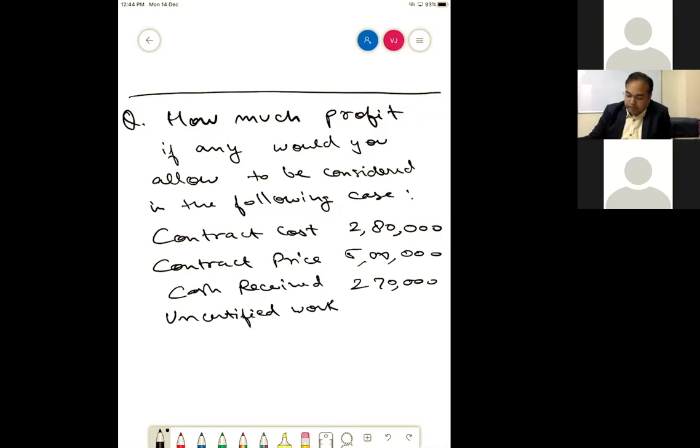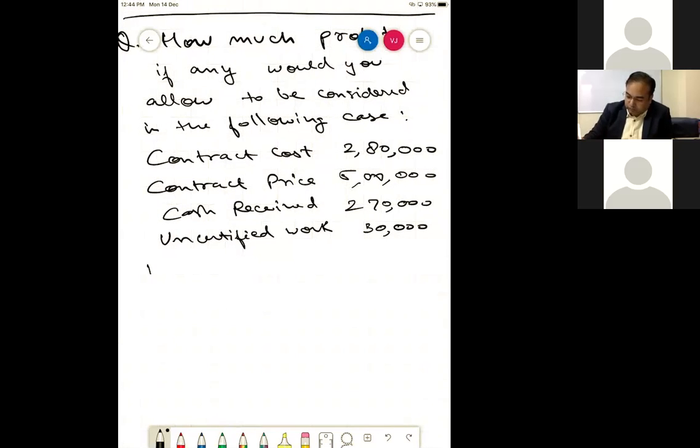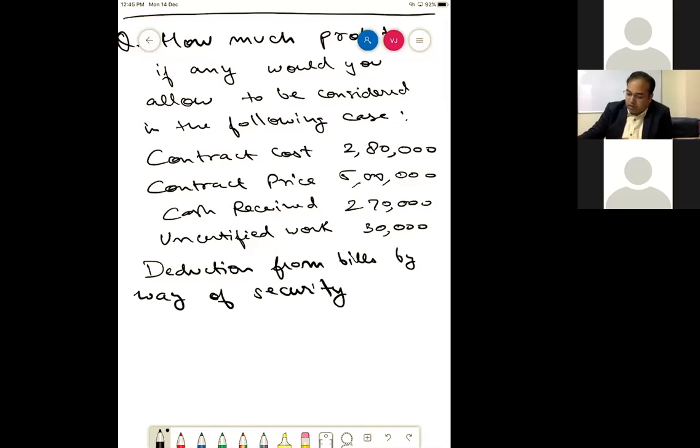Uncertified work 30,000. Then there is deduction from bills by way of security 10%.